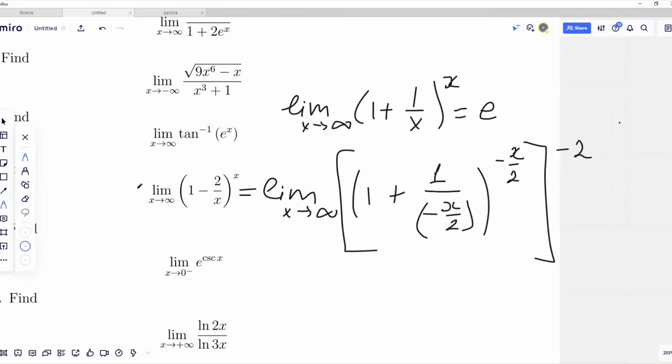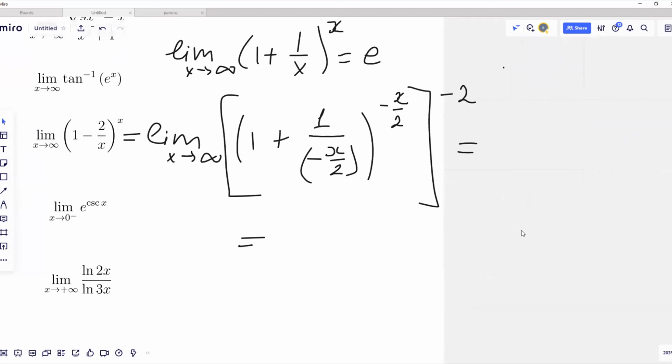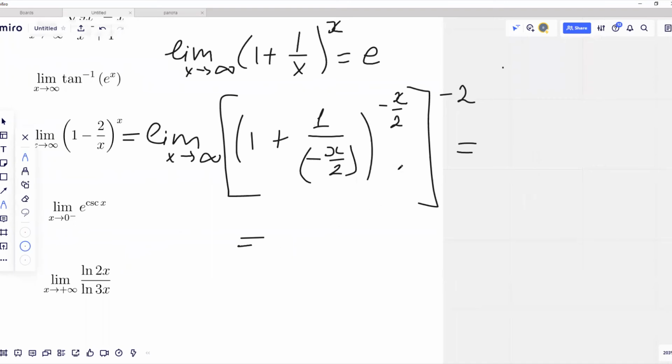All right, now here we know that limit is equal to e, then our answer would be e to the power of minus 2. But if we were to write down all the steps that we did here, we can use substitution, introduce t, which is equal to minus x over 2.